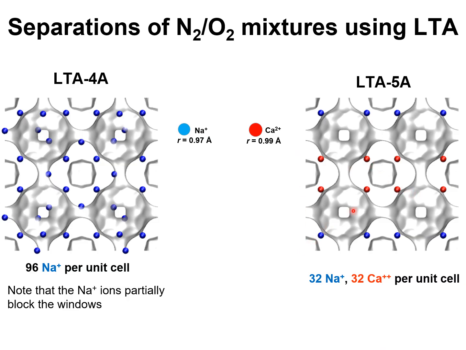You will note that these cations do not occupy sites near the windows, and there is no obstruction of intercage hopping of gas molecules from one cage to the adjacent cage through the 4 angstrom windows.